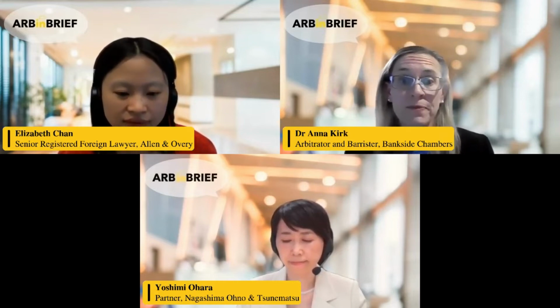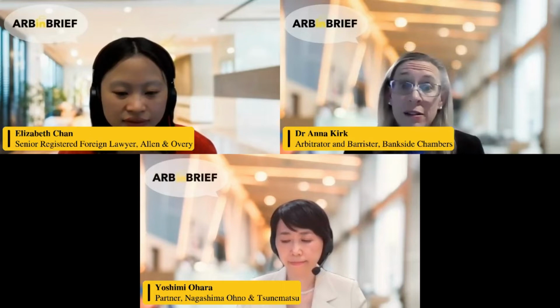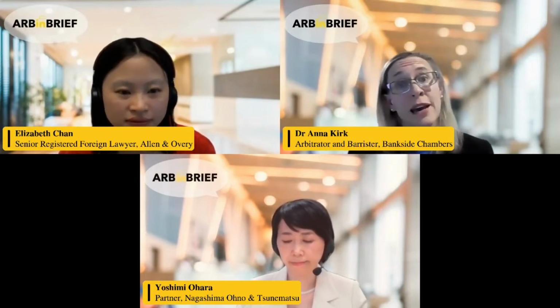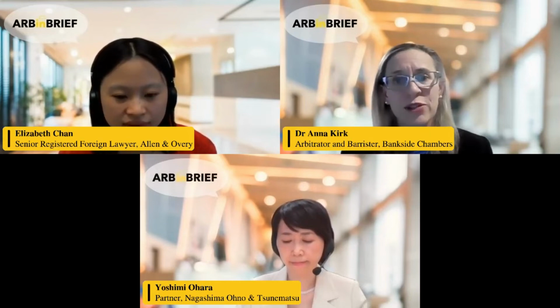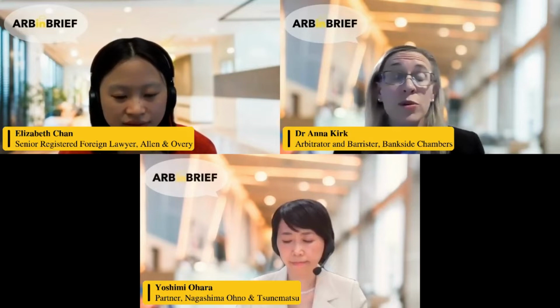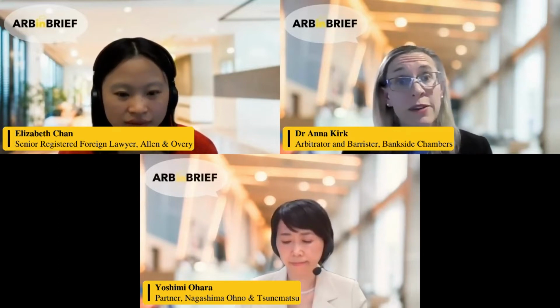For example, do you need a hearing? And if you are going to have a hearing, the length of that hearing needs to be proportionate to the procedure you're having. Do you need document production, or can that be dispensed with and save yourself a little bit of time?